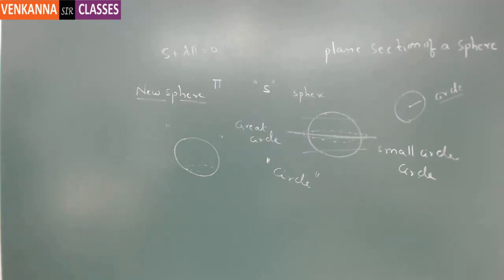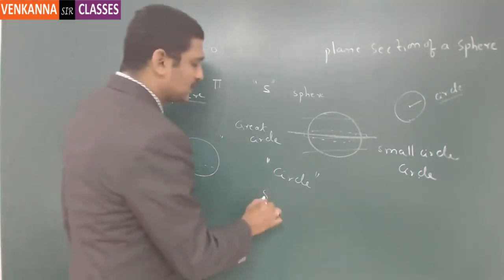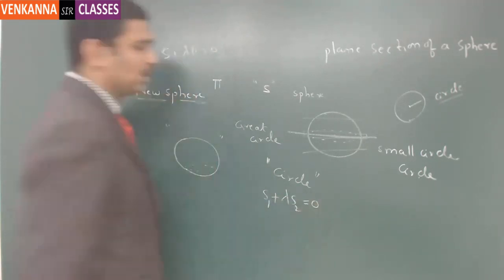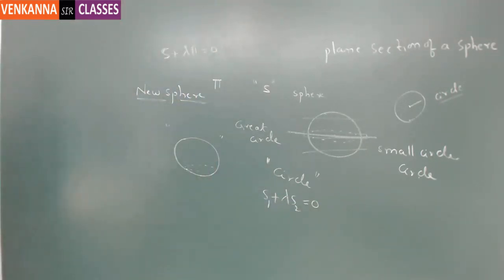Whenever a sphere intersects another sphere, you will get a circle. So again we use the same formula, S1 plus lambda S2 equal to 0, to evaluate a new sphere equation which passes through the circle of intersection. So these formulas are useful for the further problems. Okay, so please take note of that.